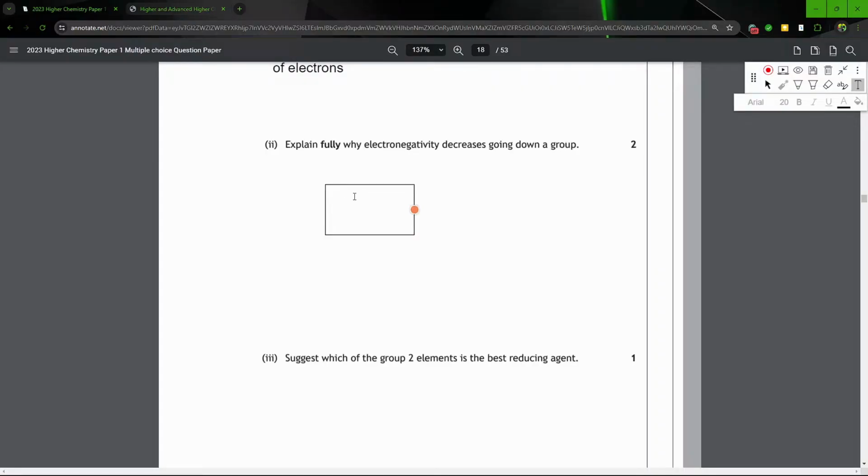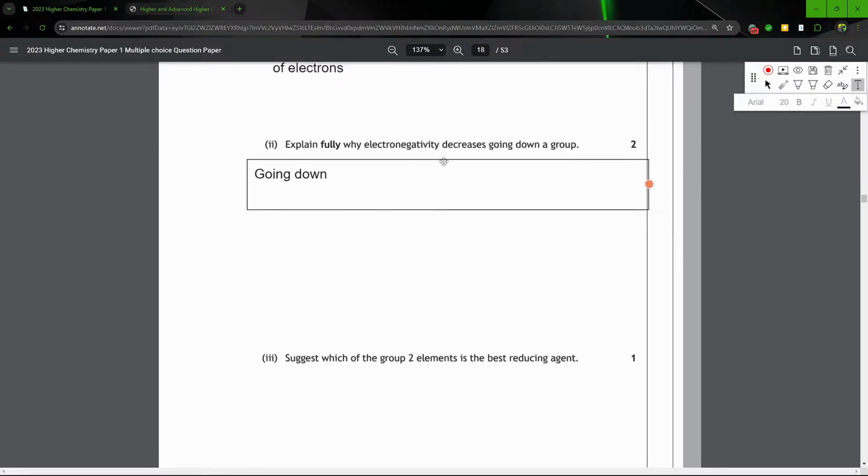We're going to say going down a group increases the number of occupied electron shells. Sorry.